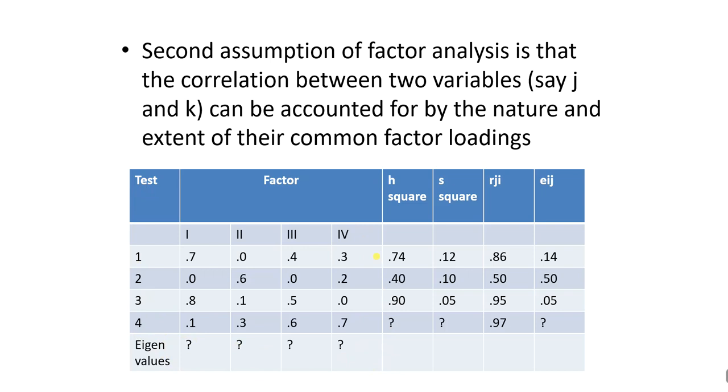I will explain. Now you can see that there are some values like correlations, between plus and minus 1. These values are called factor loadings. So 0.7 is the factor loading of the variable or test 1. 0.4 is the factor loading of this variable 1 on factor 3. So there are 4 factors and 4 variables.